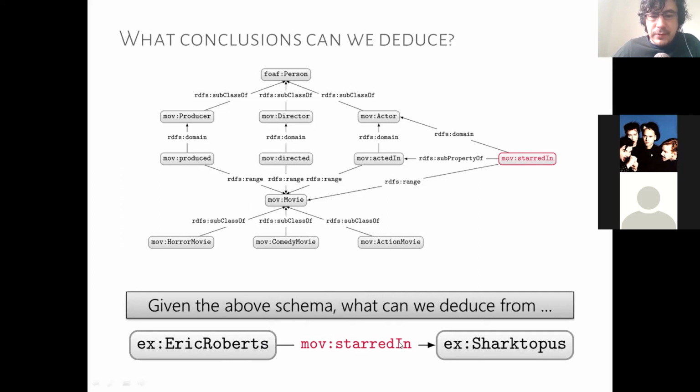Okay, so we have Eric Roberts starred in Sharktopus, and we see that Sharktopus has domain actor. Starred in has subproperty acted in. Starred in has range movie, right? So what can we say about Eric Roberts based on the domain here, for example? We can conclude that Eric.